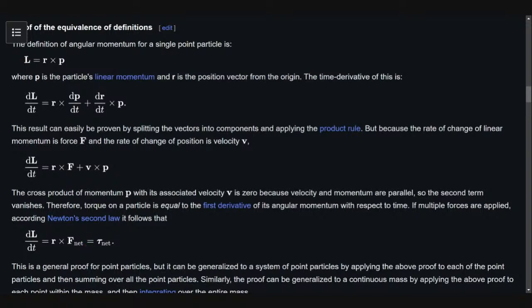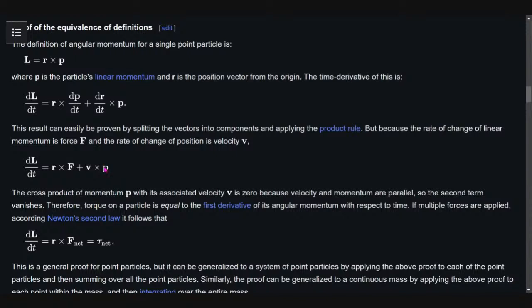This is assuming, what are you assuming here? The cross product of momentum being associated with 0. Oh, V cross P is 0. The velocity cross P? Oh, the cross, of course. V and P are in the same direction. There's no cross.